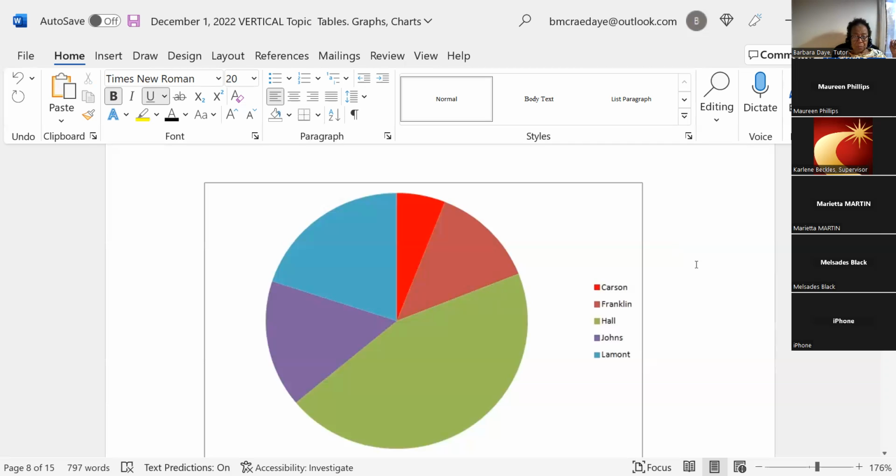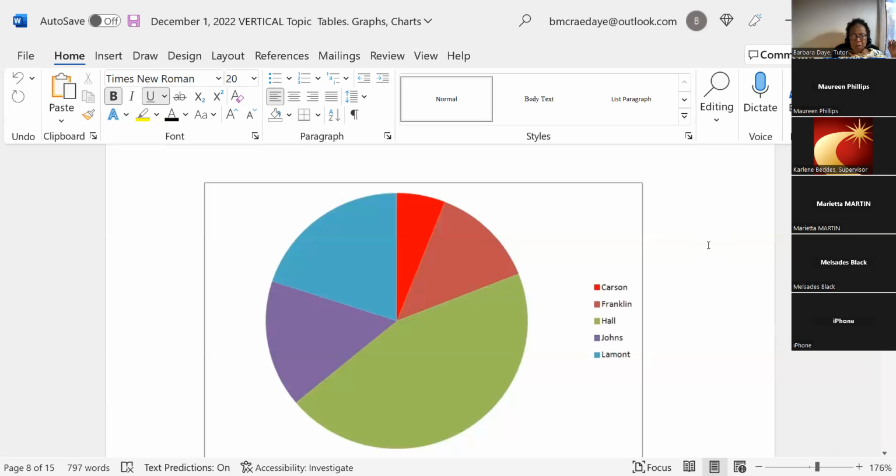I just want you to look at this pie chart and answer the question I just asked you. Did any candidate get more than 50%? Yes.